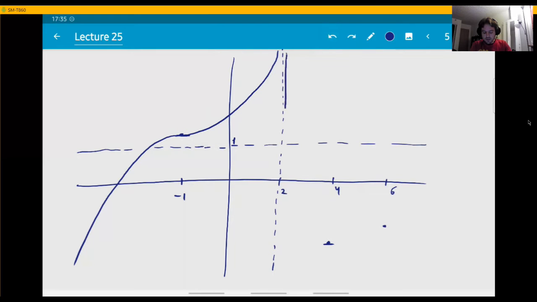So something like this decreases up to this place where it has a horizontal tangent line, then starts increasing again. But look at the concavity. This is still concave up. Now I'm going to change this to concave down. And we know that it must converge towards the line y equals 1. That was the horizontal asymptote. So this is the best sketch that we can draw for this graph.